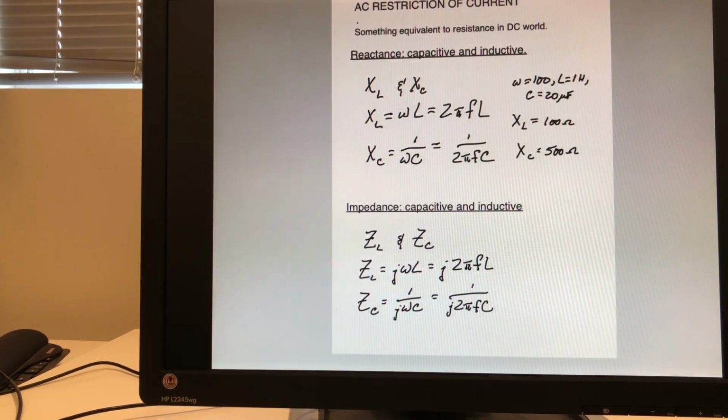So I've had to come up with my own ideas as to the differences between reactance and impedance as it applies to a single component like a capacitor or an inductor.